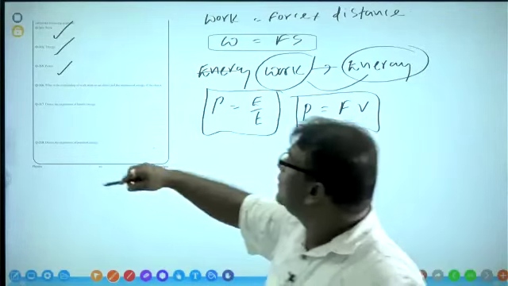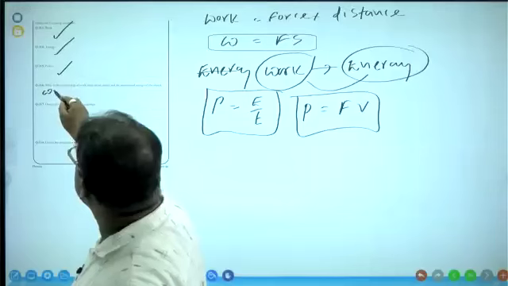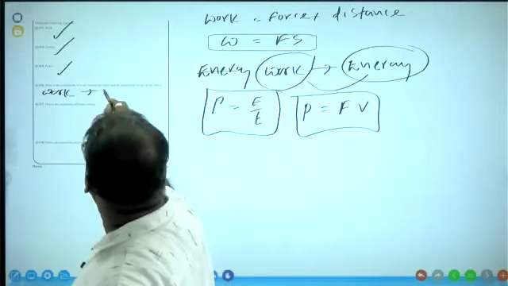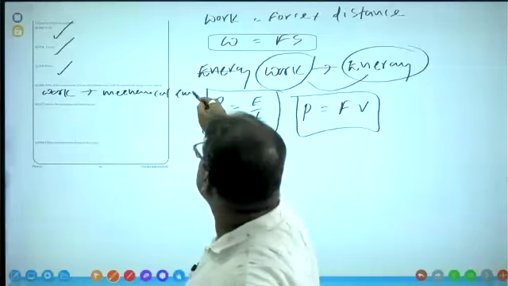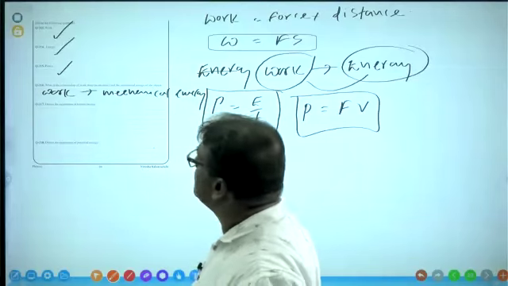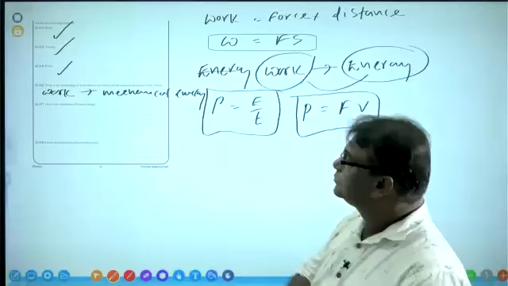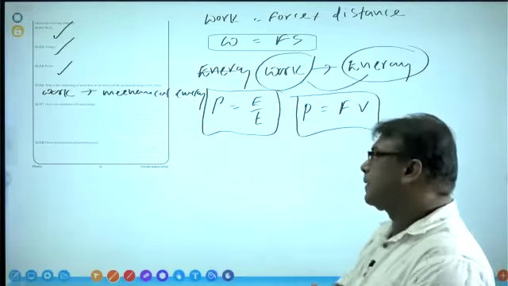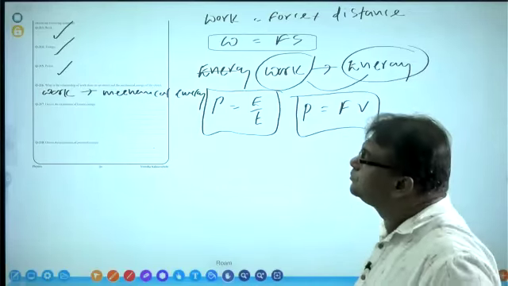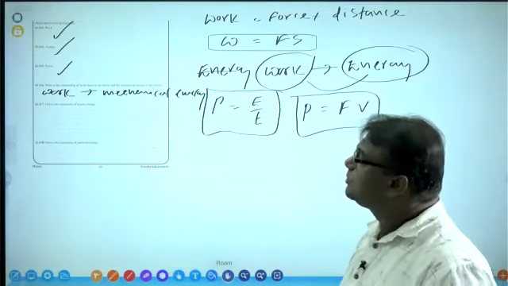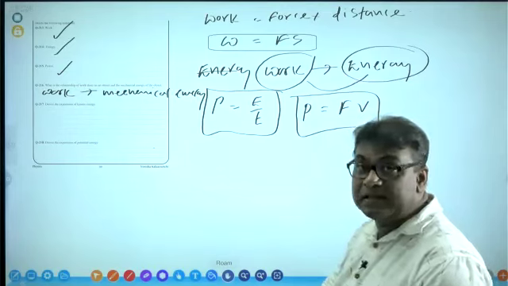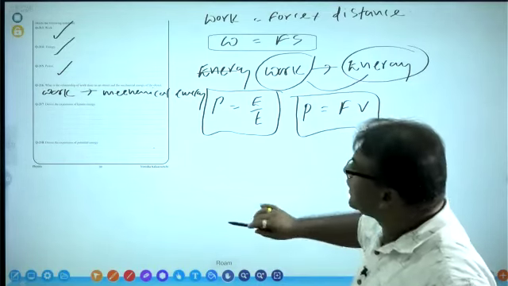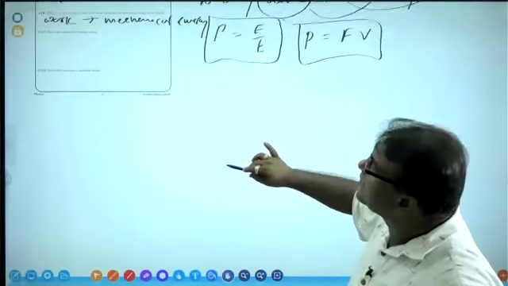Write down here, work done converted to mechanical energy. Okay. Work done should be converted to mechanical energy if there is no other energy loss.